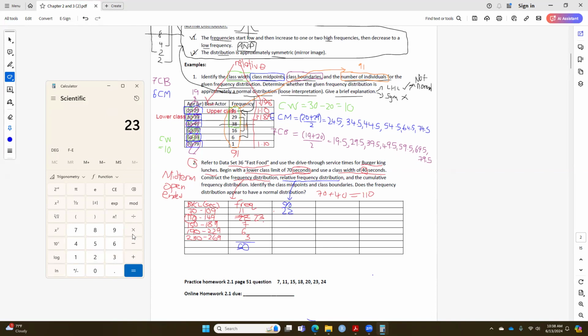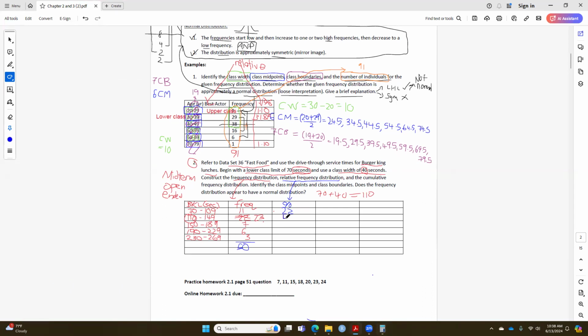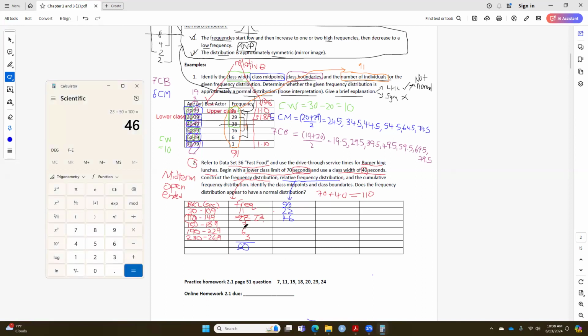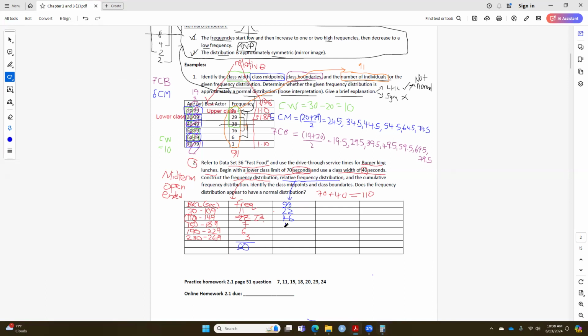So 23, which is the class frequency, divided by the total, 50, and then multiply by 100. So this will be 46%. The next one is the class frequency of 7, divided by the total of 50, and then times 100. So this will be 14%.